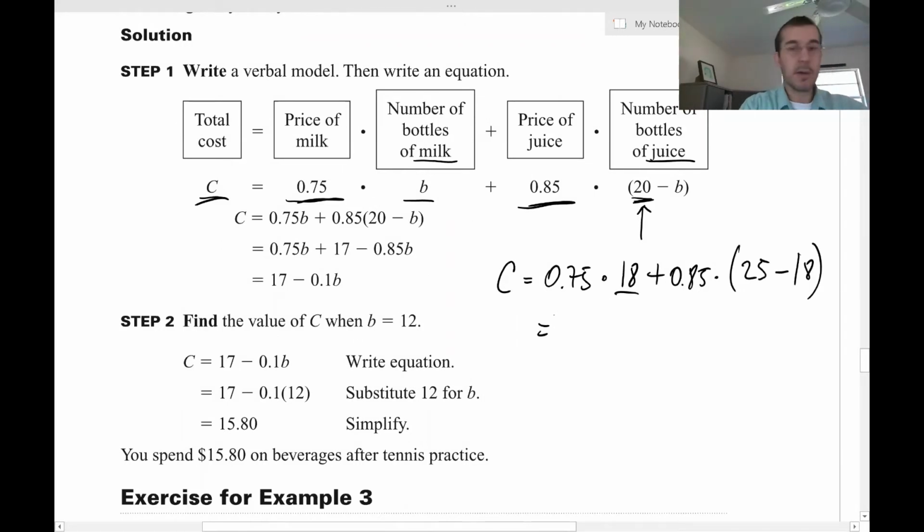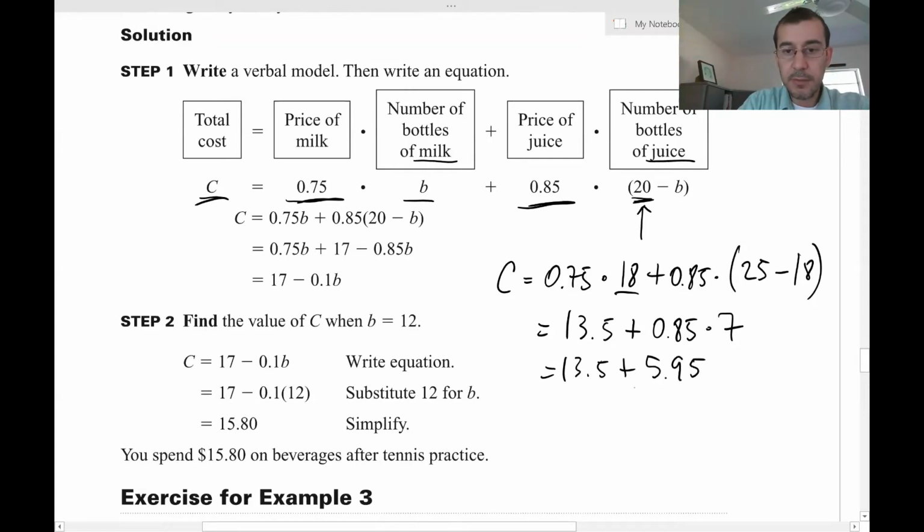So if we use the calculator to save on time, 0.75 times 18, that's 13.5, and then 0.85 times 25 minus 18 is 7, so this becomes 13.5 plus 0.85 times 7 is 5.95, and this is 13.5 plus 5.95, $19.45.